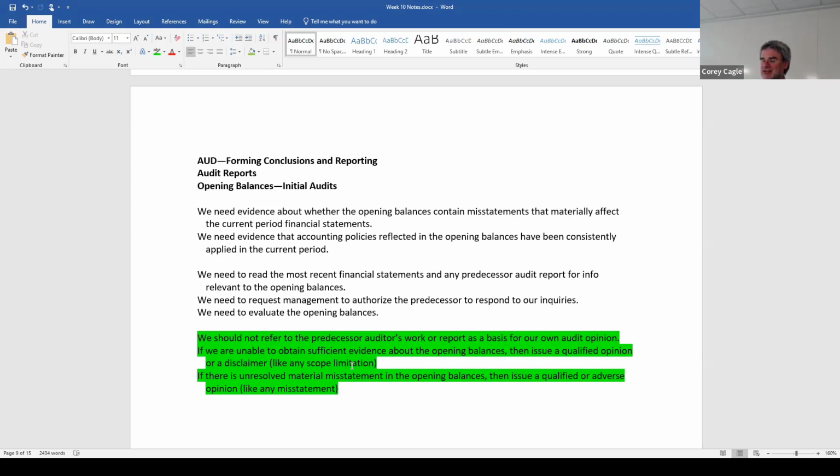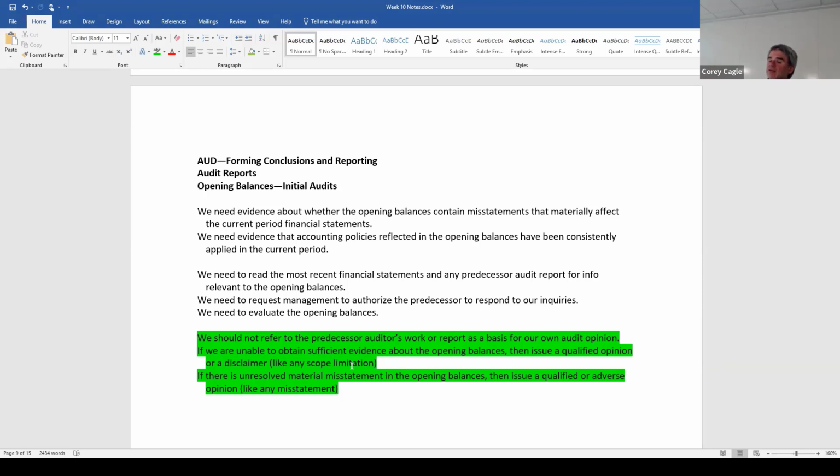And in a nutshell, we need to evaluate those opening balances. When we do our audit report, and this is kind of the takeaway for this section mostly, we don't refer to the predecessor auditor's work or report as a basis for our own opinion. So in a nutshell, we just need sufficient evidence about the opening balances. That's really all we need to say.